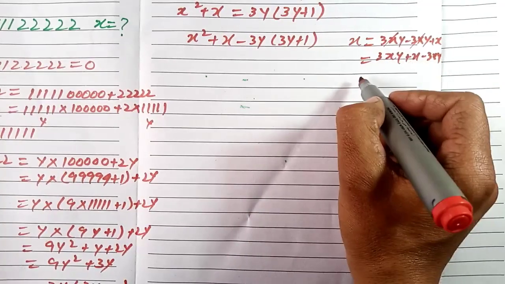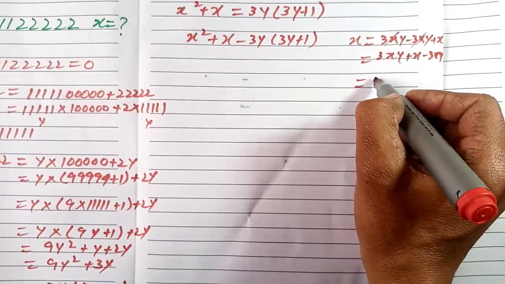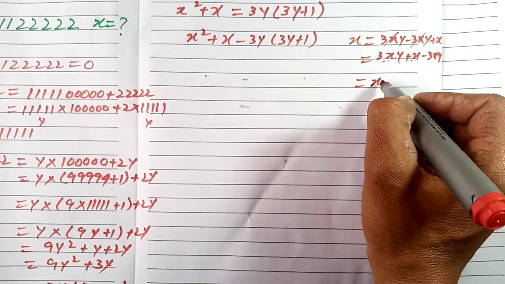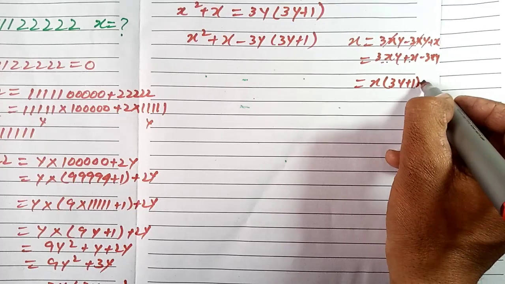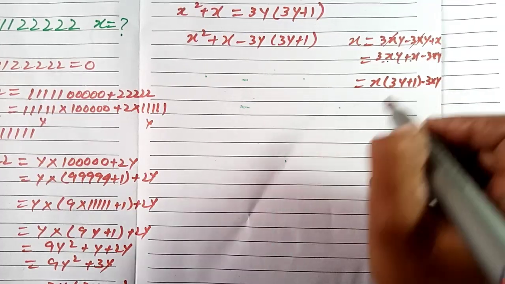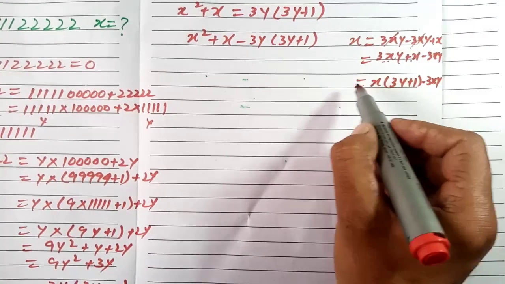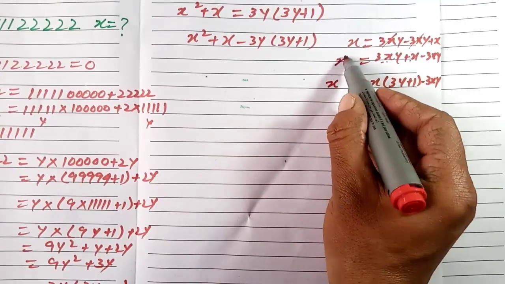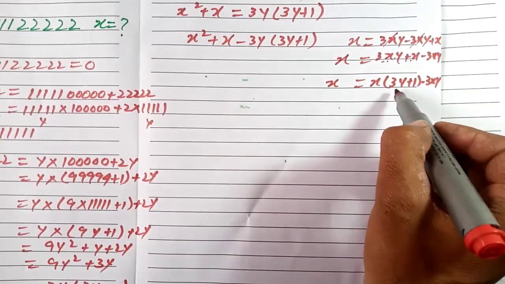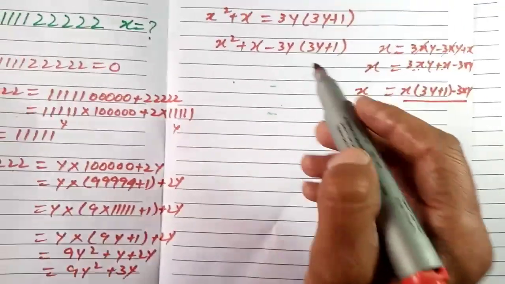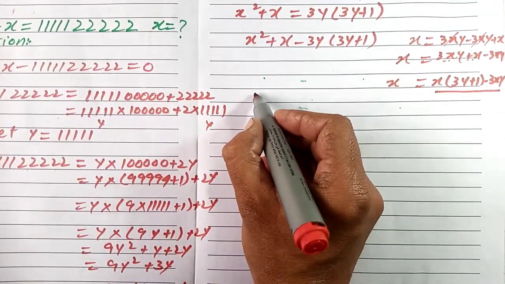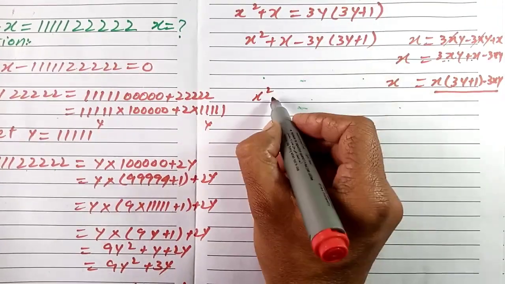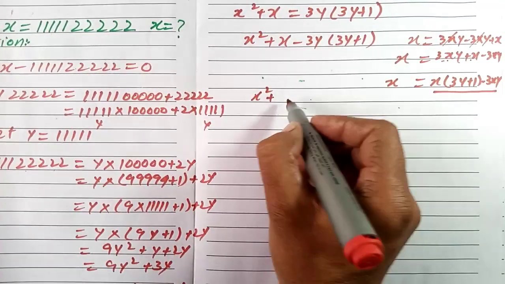So here we can take common of x in these two terms. We can take common of x, we have left 3y plus 1, and in this term we have left minus 3xy. So in the place of x we can write this term in this equation. So this equation will be converted as x square, and in the place of x we can write all this term.